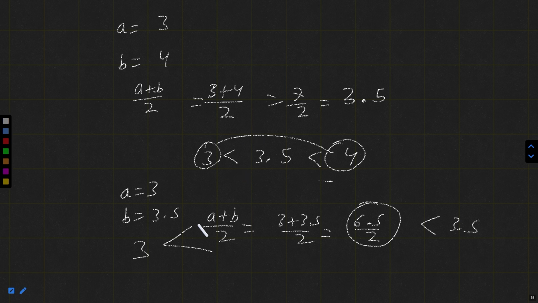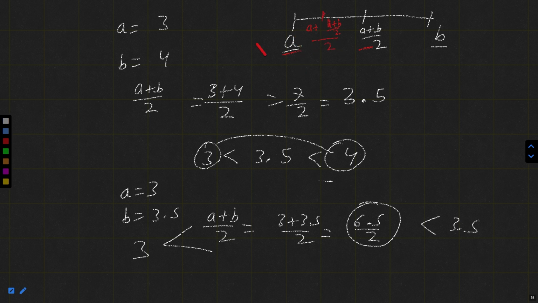So by applying the same method again and again on a and b, we get (a+b)/2 somewhere here, and if we apply it onto these numbers, we get another (a+b)/2 here.